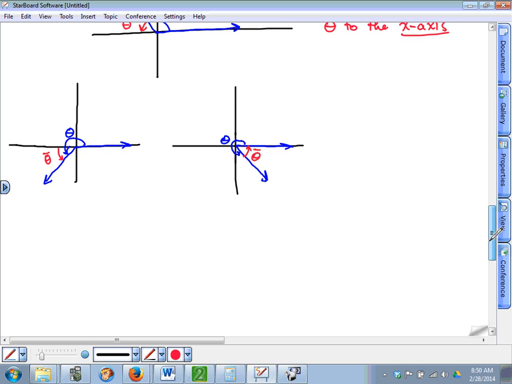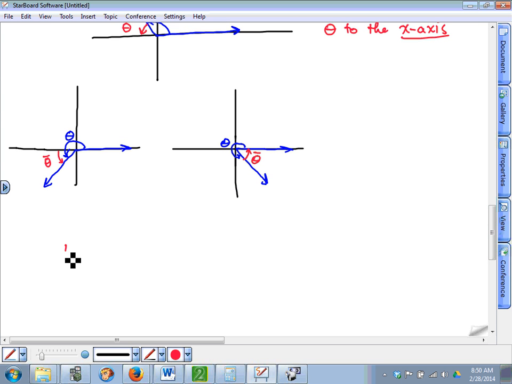So here's how we use the reference angles. We're going to evaluate the sine of 120 degrees. Evaluate the sine of 120 degrees. This means without a calculator. These all need to be done by hand.